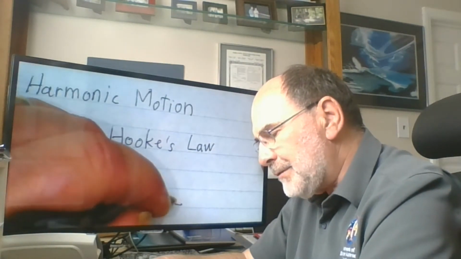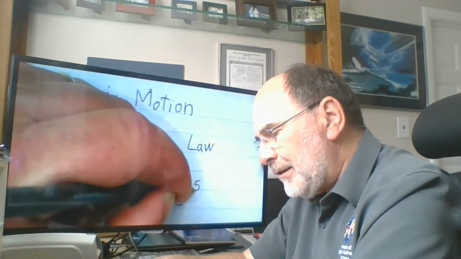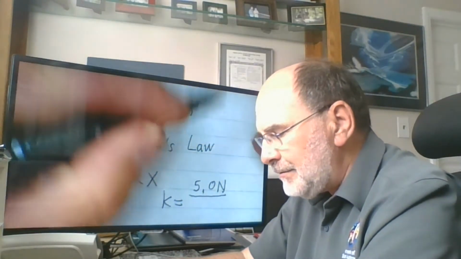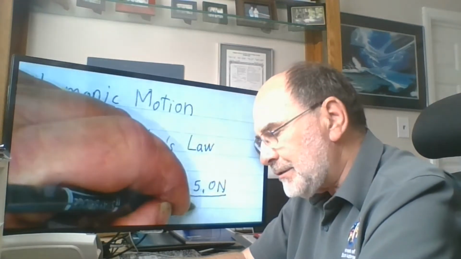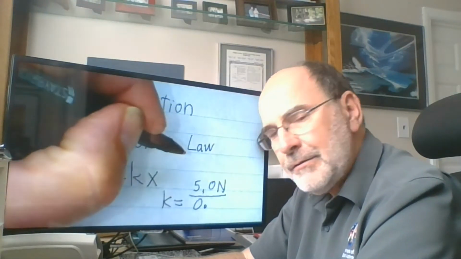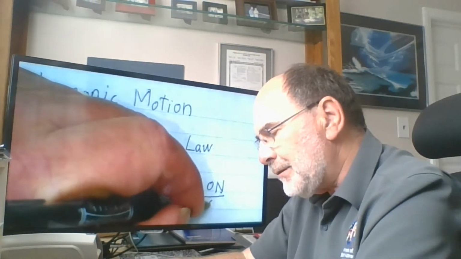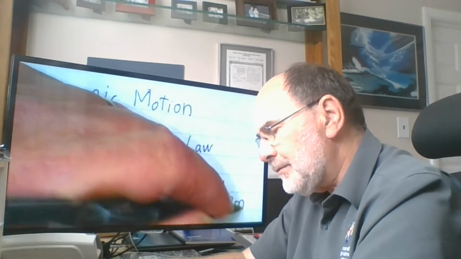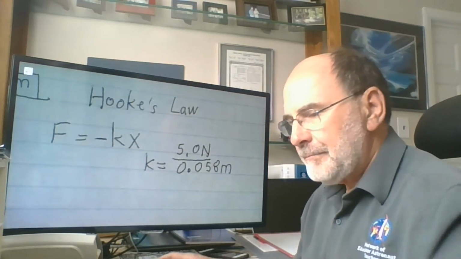K, the spring constant: a force of 5 Newtons stretched the spring scale by 5.8 centimeters, which I'm going to convert directly into meters just by moving the decimal point twice. So 0.058 meters represents 5.8 centimeters.